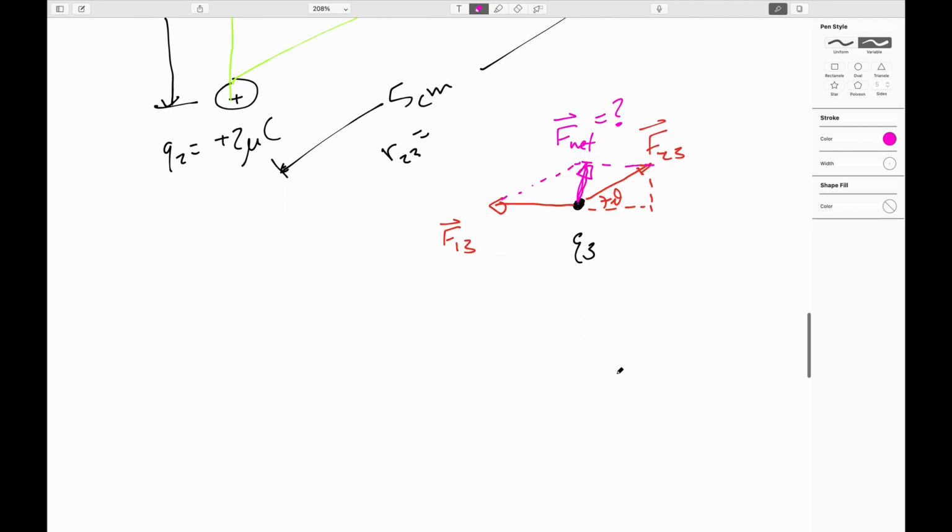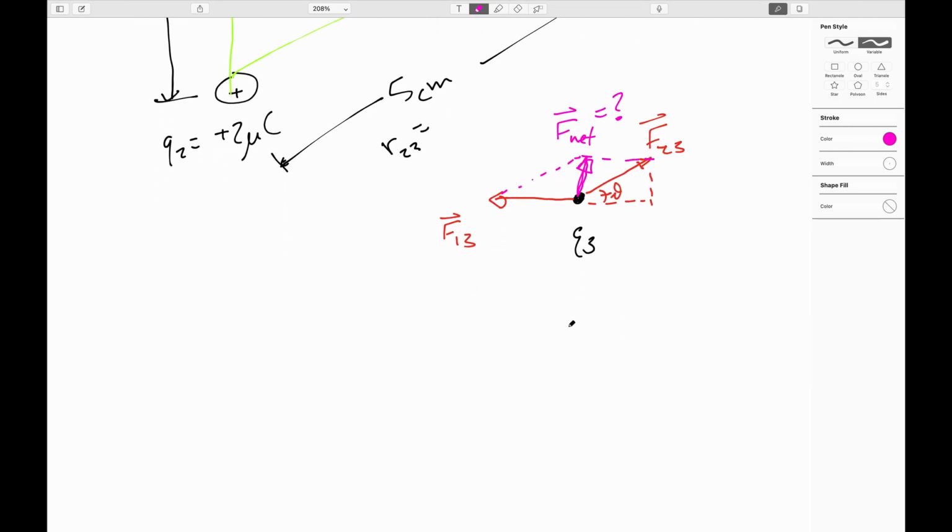All right, so to do this, it'll probably be easiest to first write expressions for F13 and F23. So F13, just the magnitude, will be equal to K times the magnitude of Q1 Q3 over R13 squared.